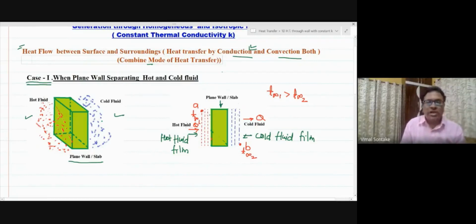I can assume the entire hot fluid film or entire hot fluid temperature can be represented by this T infinity 1, and for the sake of representation I am taking this point which represents the temperature T infinity 1, though the entire fluid film is at T infinity 1. Similarly, this point will represent T infinity 2 as the temperature of cold fluid.